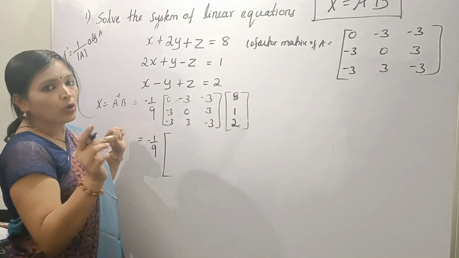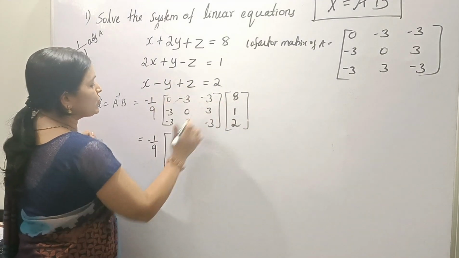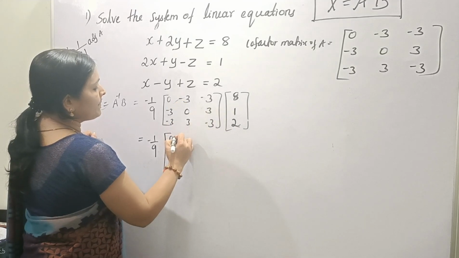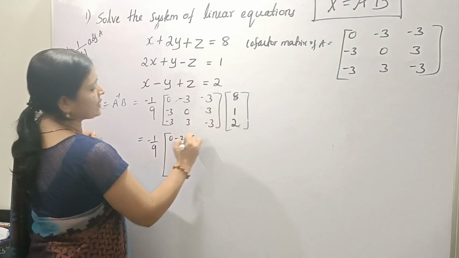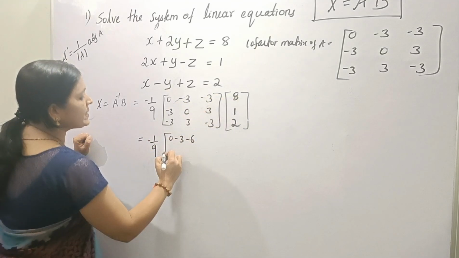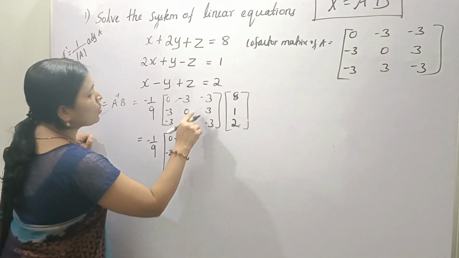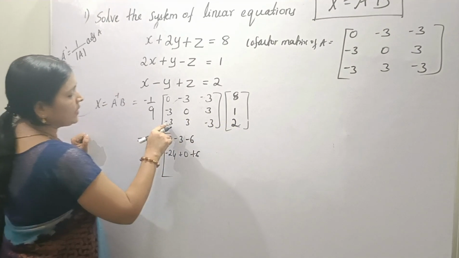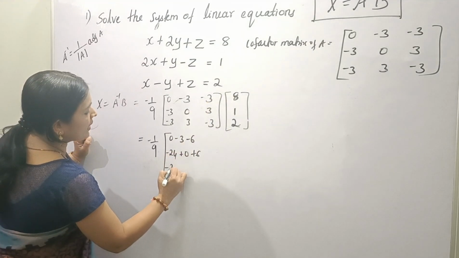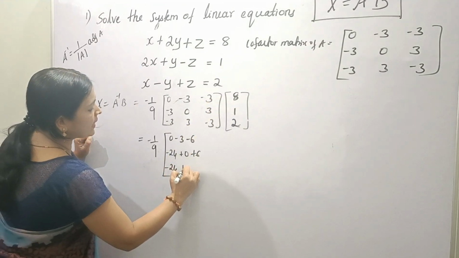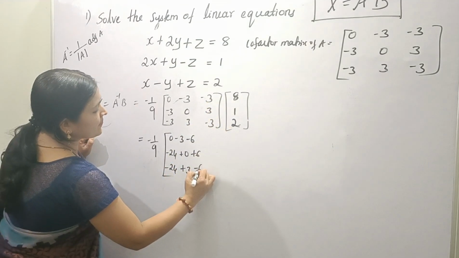See, there is only one column here. So 0 into 8, 0, minus 3, minus 6. Next, minus 24 plus 0 plus 6. Here minus 3 into 8, minus 24 plus 3 minus 6.